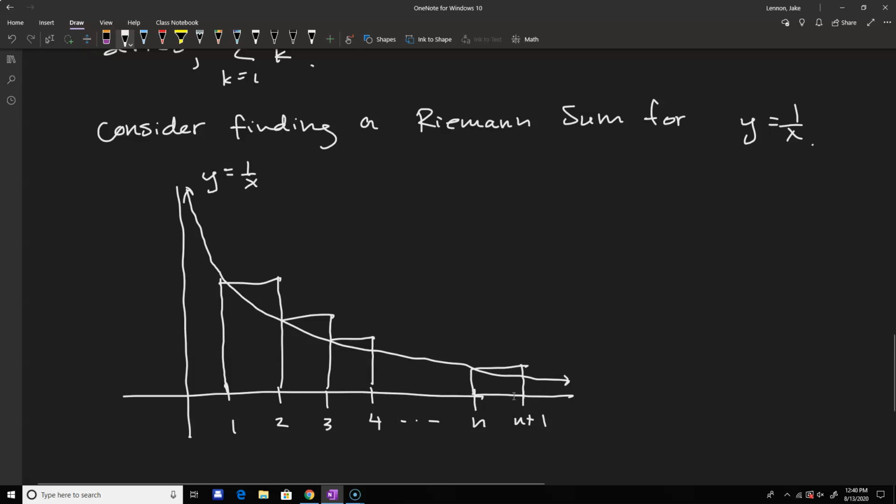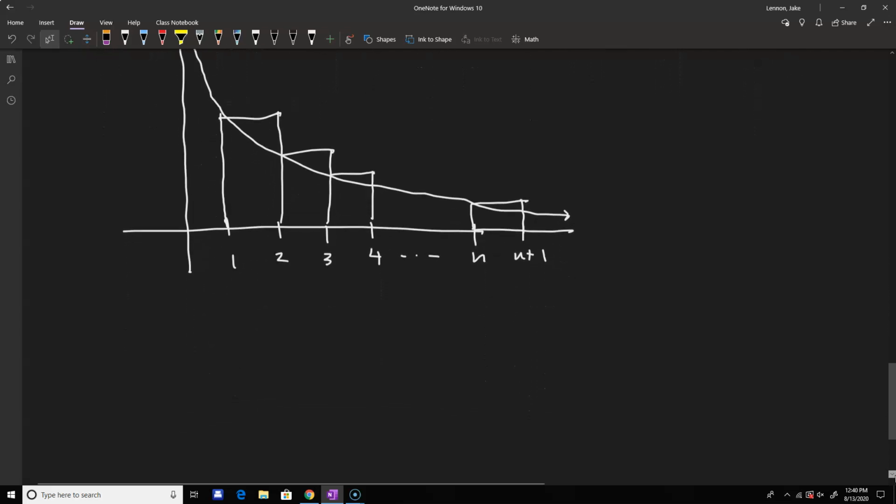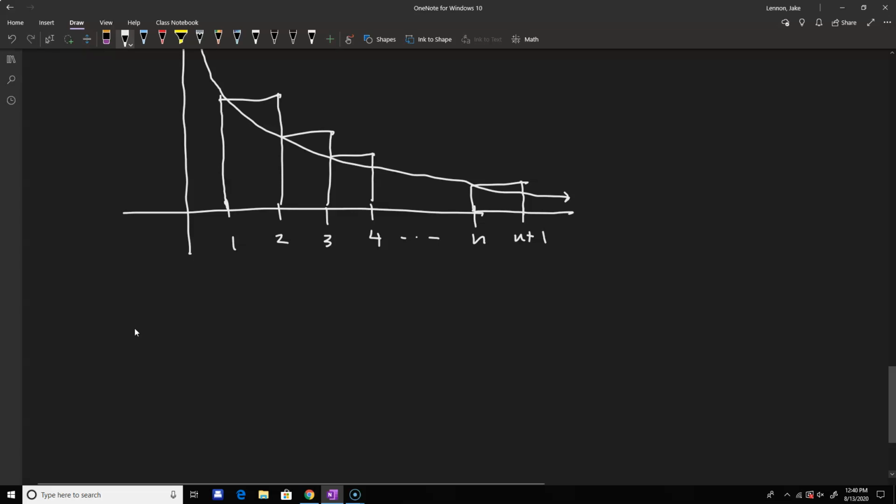So the series for these boxes, this Riemann sum, S sub n, would just be 1 plus a half plus a third, and you would go all the way up until you got to 1 over n or 1 over n plus 1, something like that.